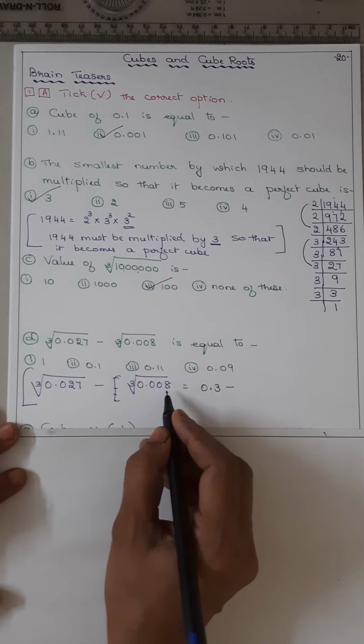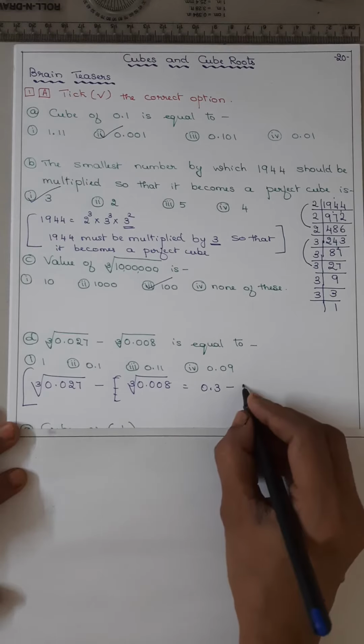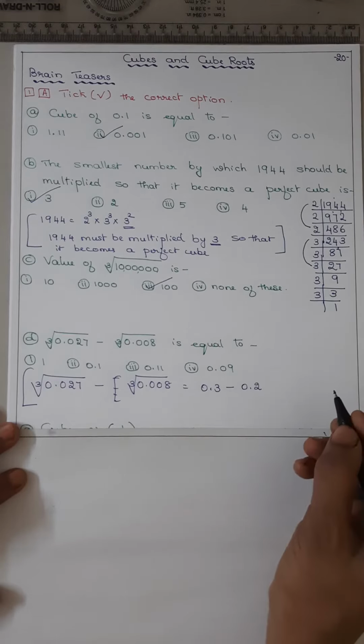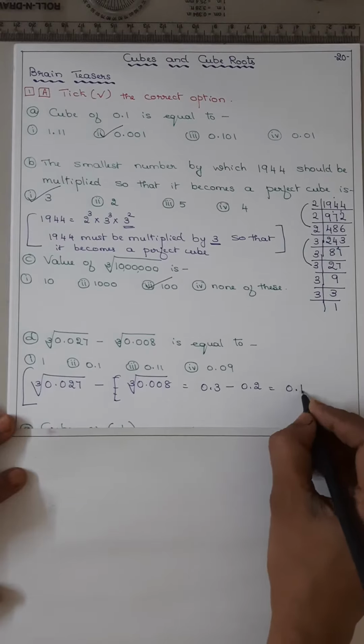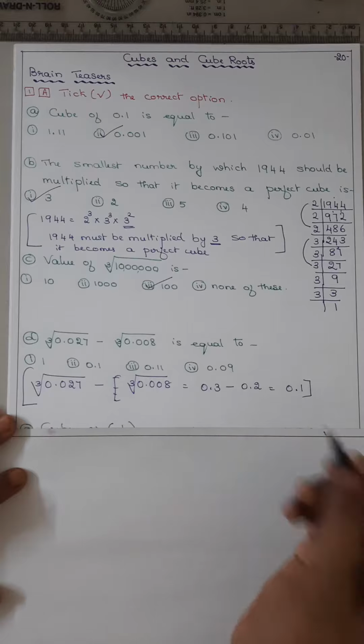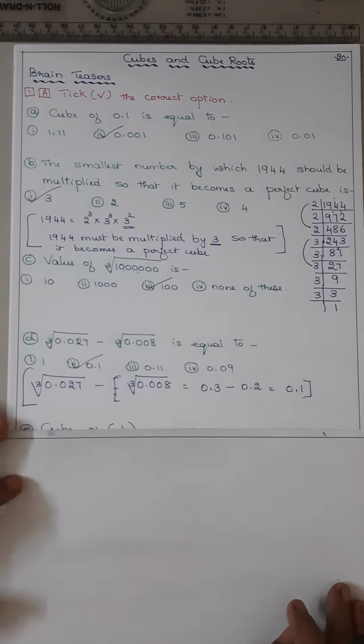Cube root of 8 is 2. 3 decimal, so the cube root will have 1 decimal. The answer is 0.1. 0.3 minus 0.2 is 0.1.